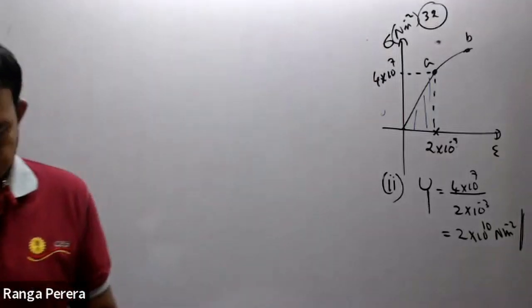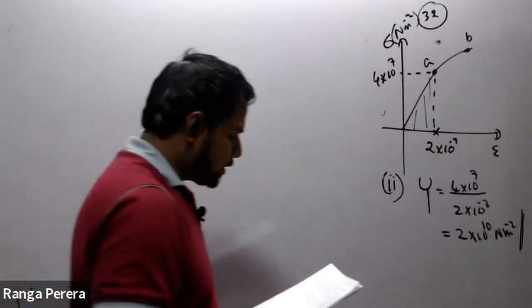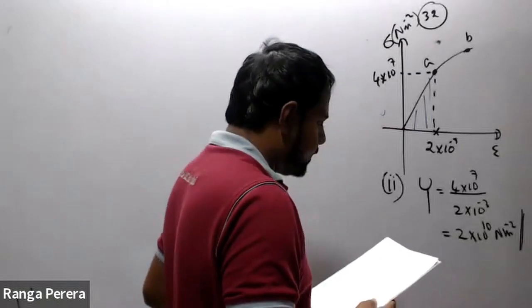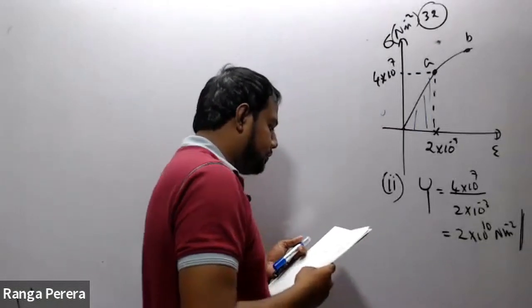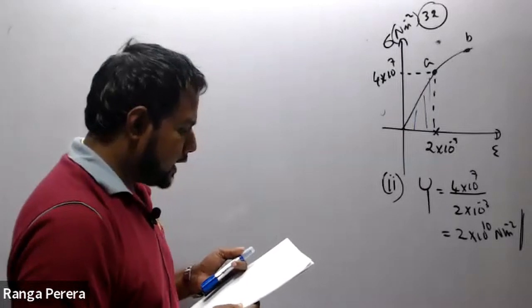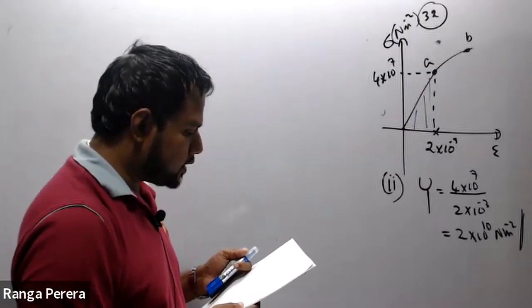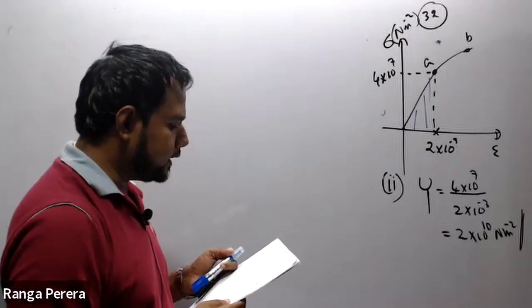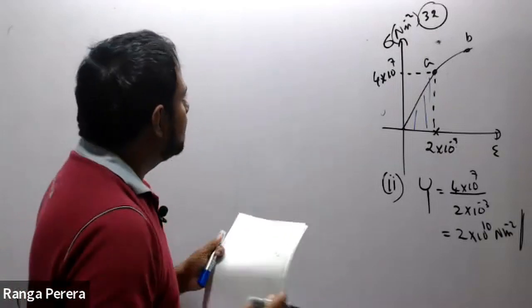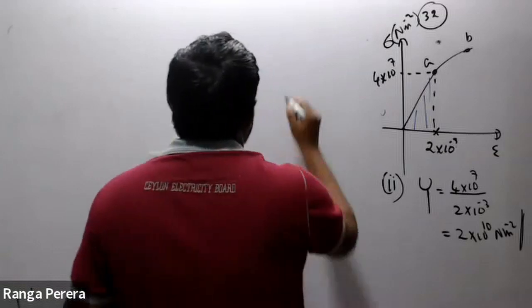Question number 3. The vertical cross section of a cylindrical pillar consisting of a solid cylinder A and a hollow cylinder B, each of height 2.5 meter and made of the above mentioned material, is shown in the figure. I will draw this first.